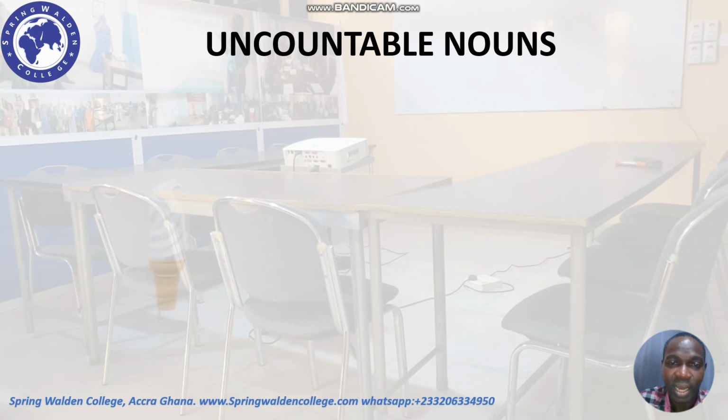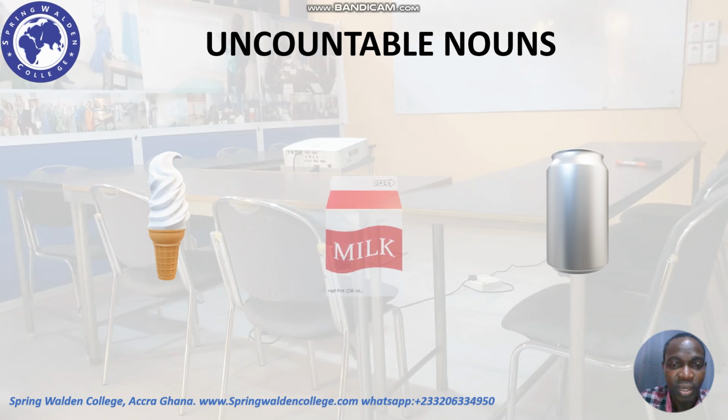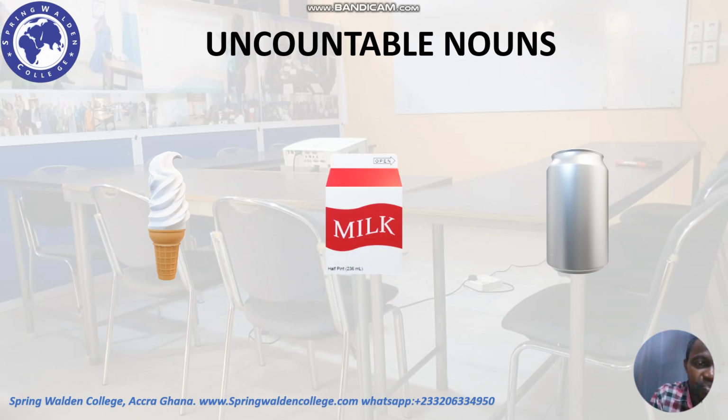Now let's look at uncountable nouns. What are they? They are nouns that we cannot count. So I gave some examples here. This is not exhaustive. We have ice cream, which cannot be counted, and then we have milk, we cannot count milk, and we have coke, we cannot count it. Water is an example, rice is an example, sugar is an example.